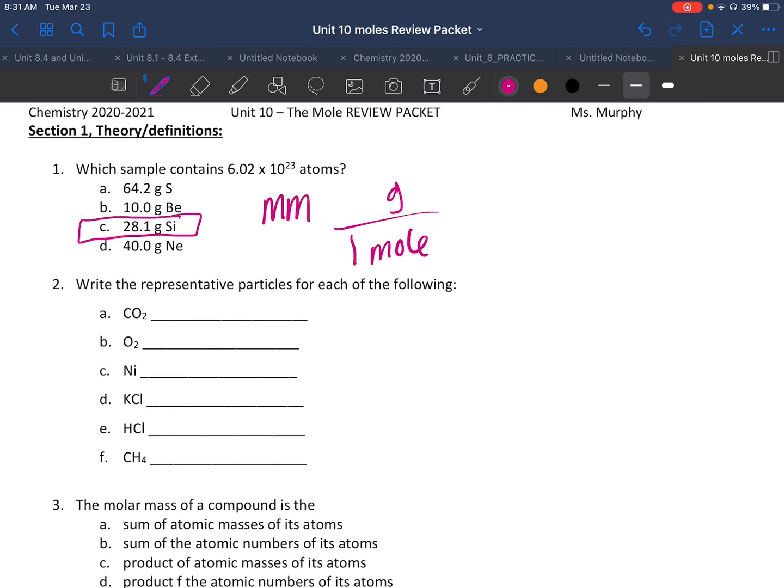All right, number 2, we are talking about representative particles. We need to remember that the 3 options are atoms, molecules, and formula units. Atoms are what we use when we have elements.